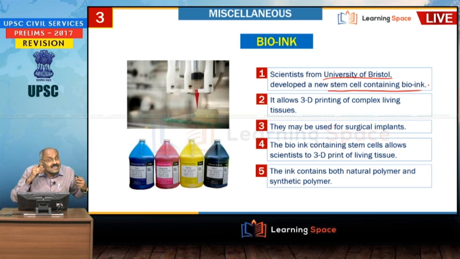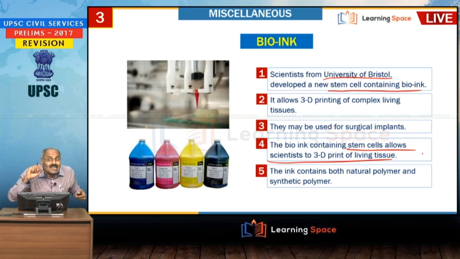Bio ink facilitates 3D printing of complex living tissues, and these living tissues will be used for surgical implants. So the bio ink containing stem cells allows scientists to 3D print living tissues. And here don't forget, living tissues of human beings can be printed, and this is bio ink, right?